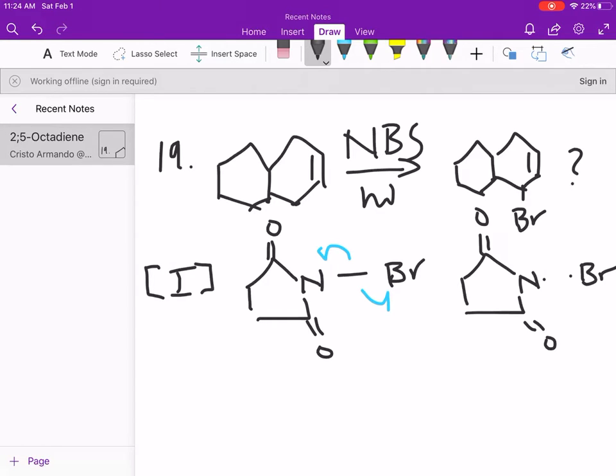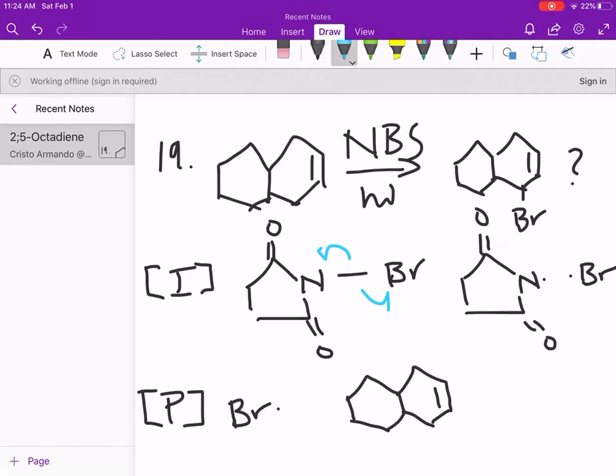So in the propagation step, you're going to have your bromine with the radical on it, and then you're going to have your alkene. So in this reaction, we have two allylic carbons, and allylic hydrogens. So we're going to pick any of these.